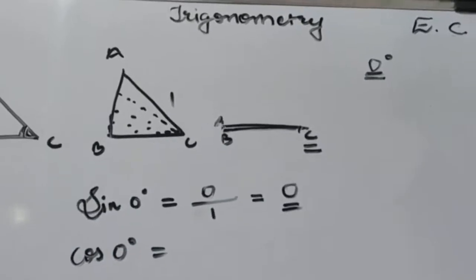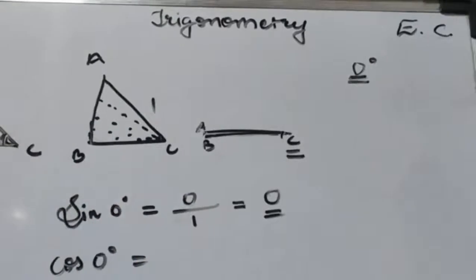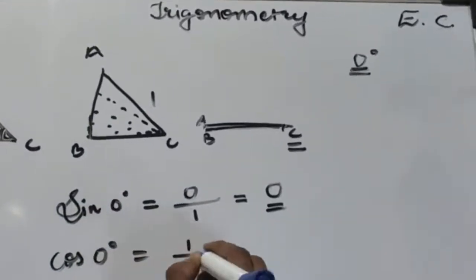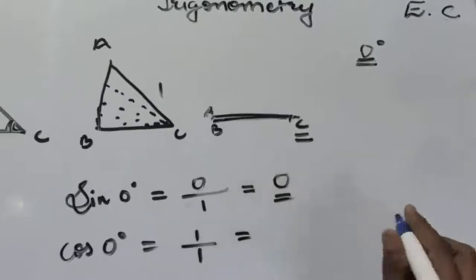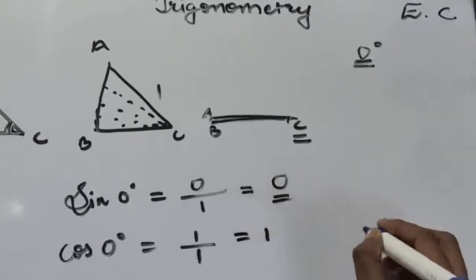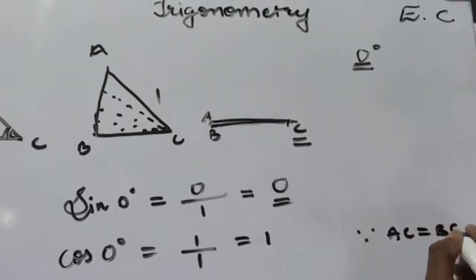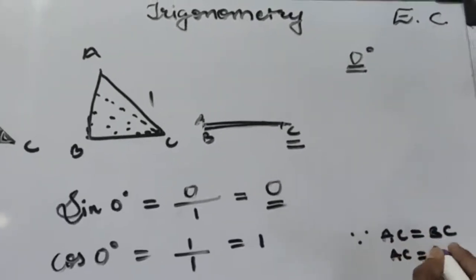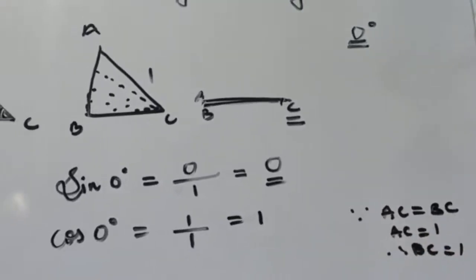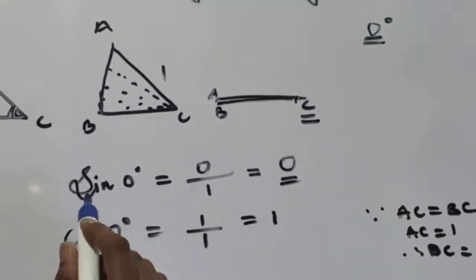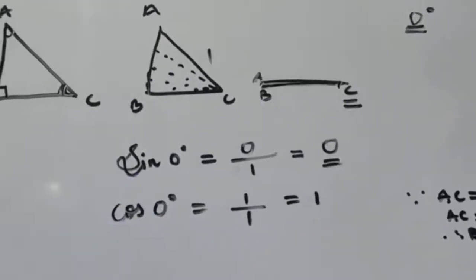So if AC is equal to 1, BC will also be equal to 1, isn't it? Any doubts? So understood how we find out sine 0 degree and cos 0 degree?